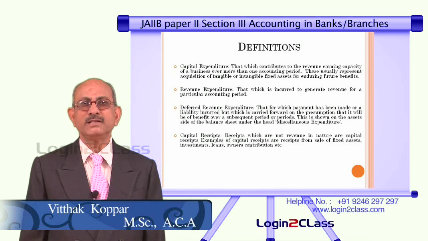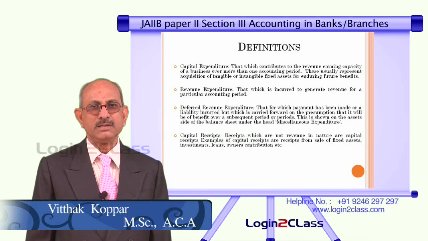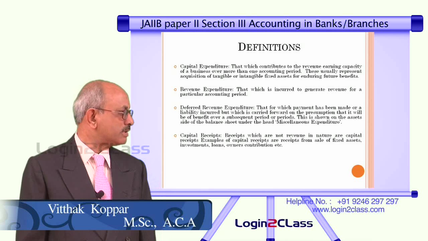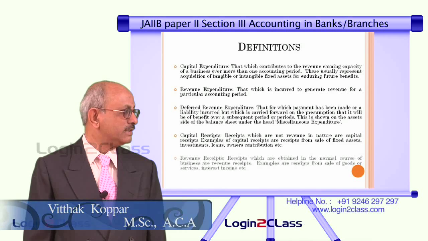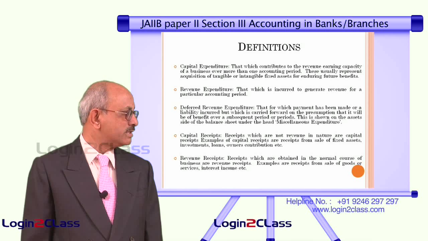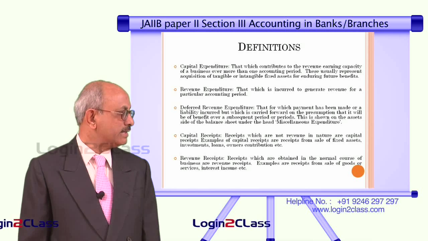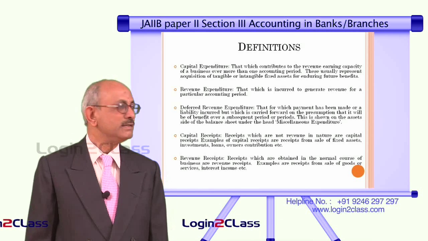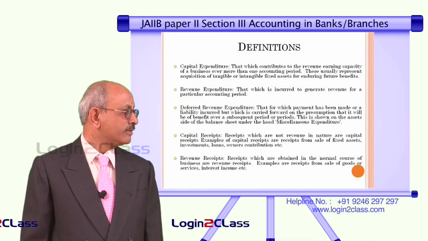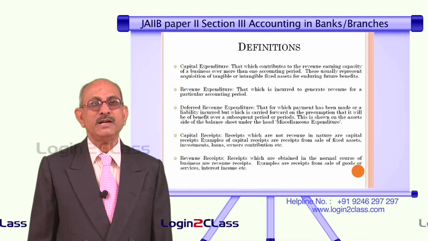It cannot be treated as a revenue receipt because it is for a particular purpose. Revenue receipts are those receipts which are obtained in the normal course of business. Examples are sale of goods or services, interest income, etc. These are treated as revenue receipts. So with this we come to the end of this session.